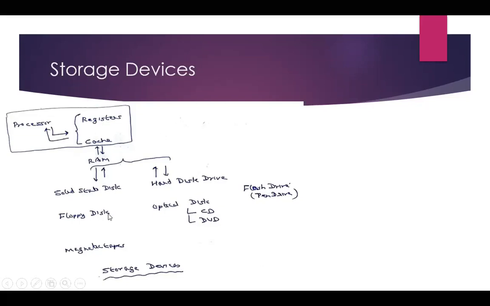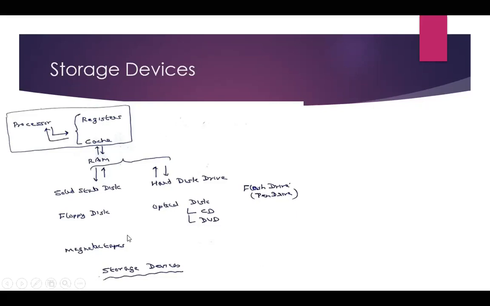A floppy disk used to be a small disk of capacity 1.5 MB. After the floppy disk came the optical disk. Examples of optical disks include the CD or compact disc and the DVD or digital video disc. These are external storage media. Nowadays there are also flash drives known as pen drives. We commonly use pen drives because they are small, handy, and easy to use. They can be used directly by plugging into the USB port of a computer.